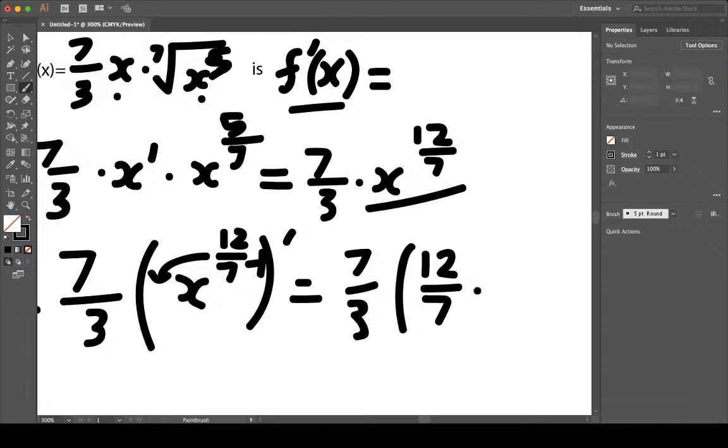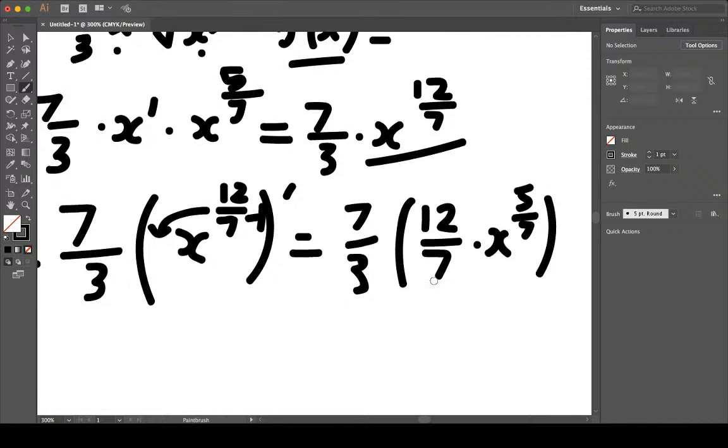Multiply that by x to the power of 12 over 7 minus 1, that would be 5 over 7. 5 over 7 there. Which would basically, we can just cross this out here. That's 1, and then we can cross that out to get ourselves 4.